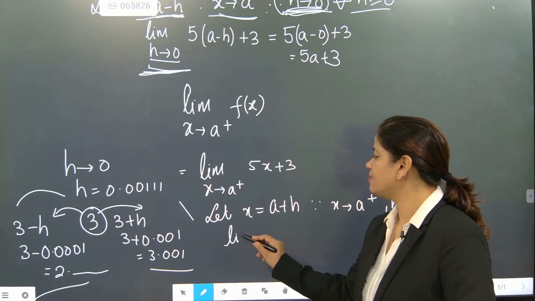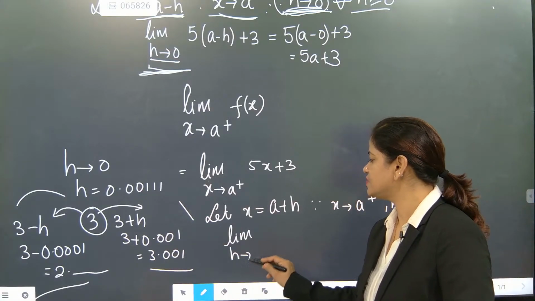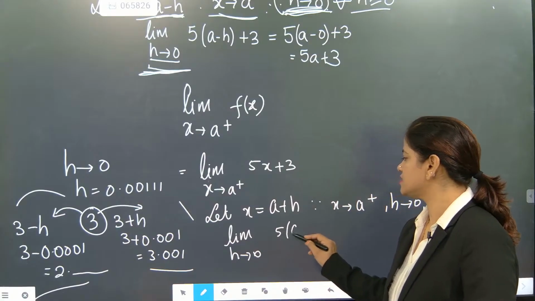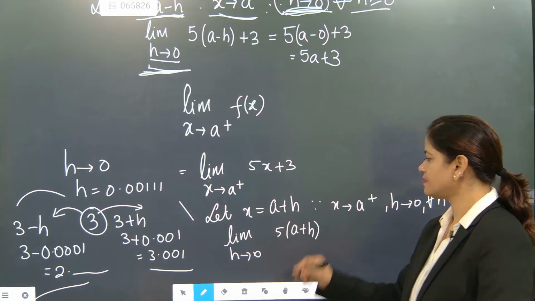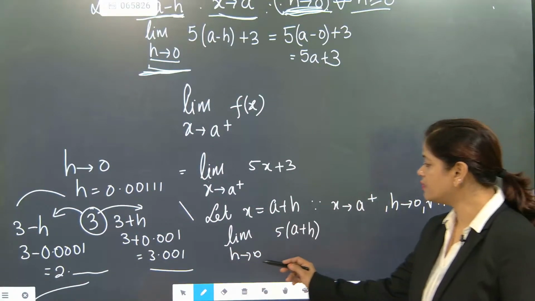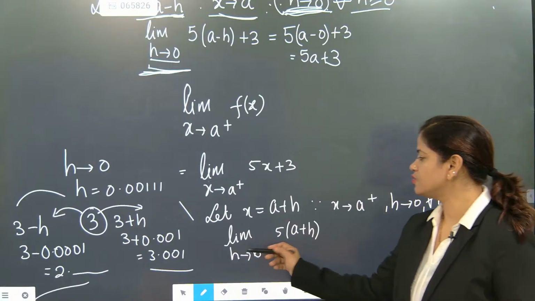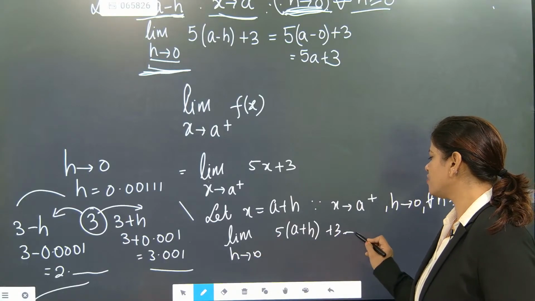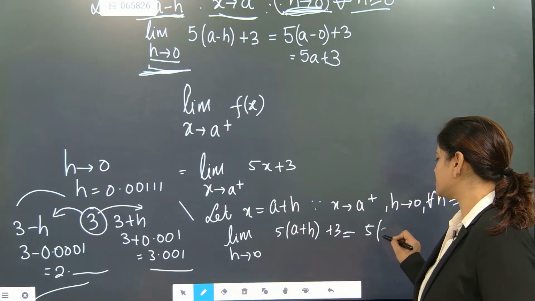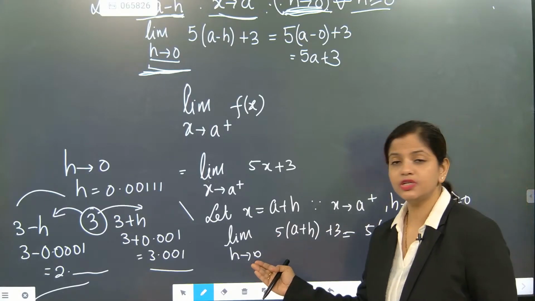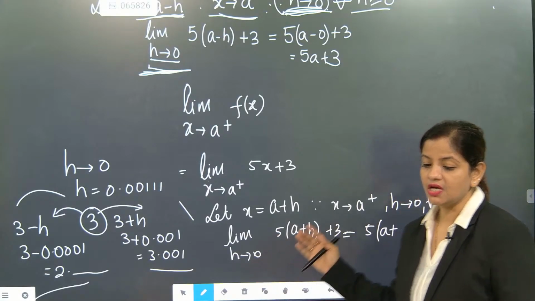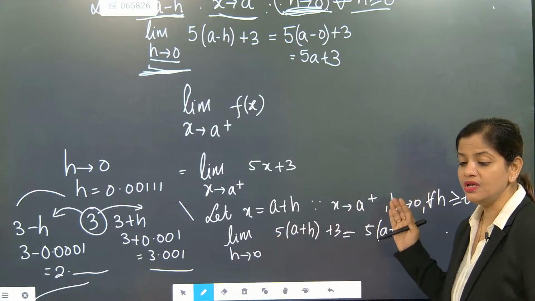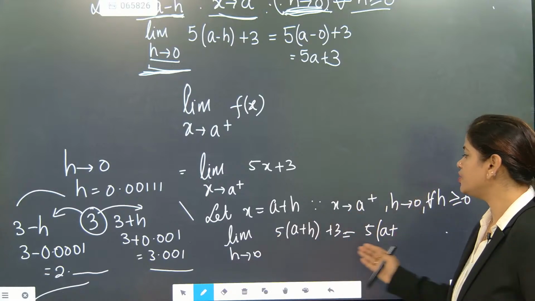So now again what will it become? Limit h tends to 0 of this. Now here after putting 0, h tends to 0, no plus minus is there. Now that means plus 3. So now we can write here this. Once we are substituting the value of h, after that, trust me, no need to put limits.